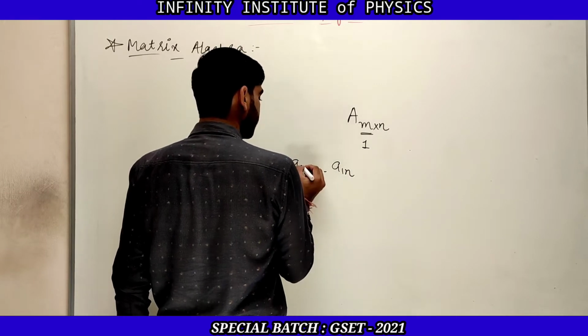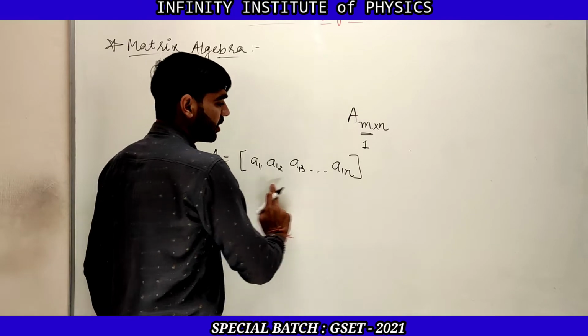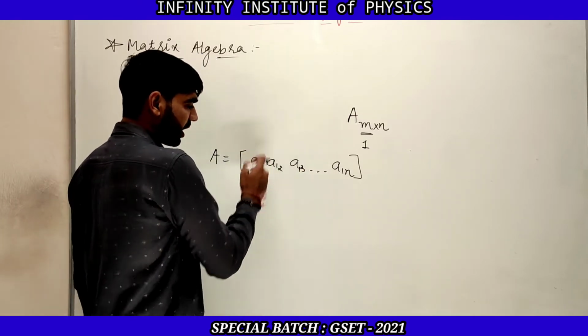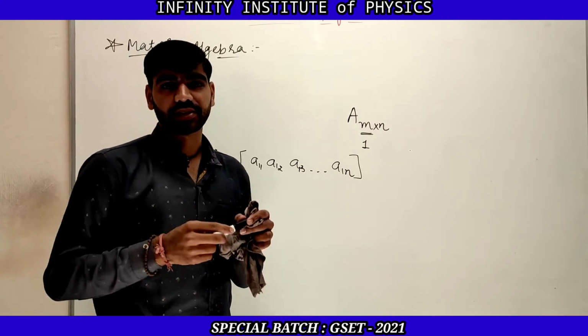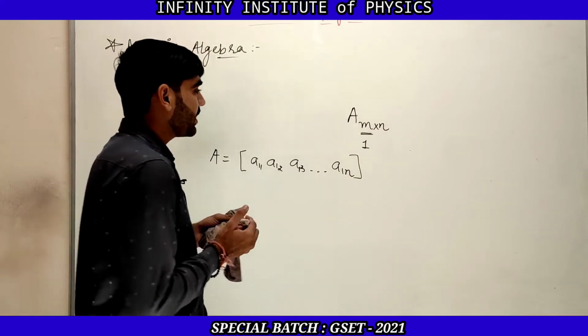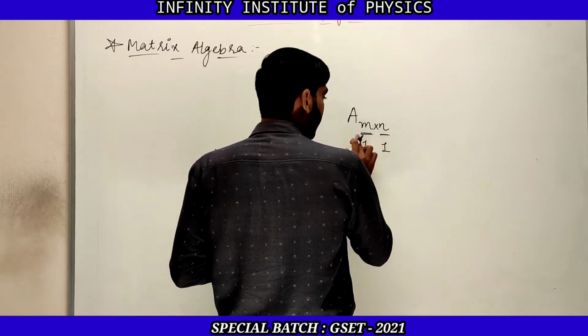This is a general example of a row matrix. So this is a matrix which has only one row and n columns, so this matrix is known as a row matrix. Clear?